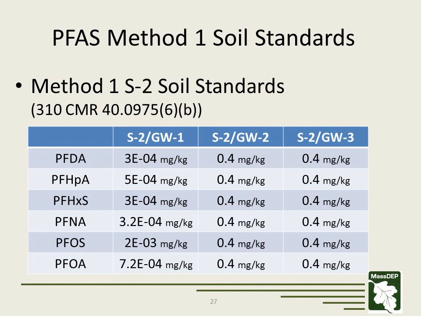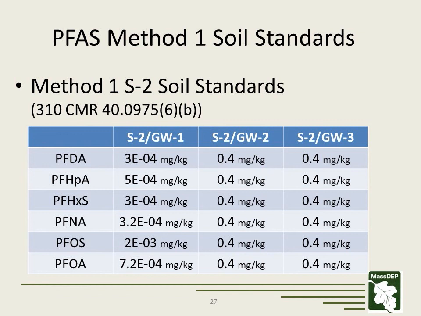We see a similar pattern for the S2 Method 1 standards, S2 GW1, S2 GW2, S2 GW3. If the soil is located above groundwater 1, groundwater being protected for current or future use as drinking water, then you see significantly more stringent standards than where the soil is above GW2 or GW3 groundwater.